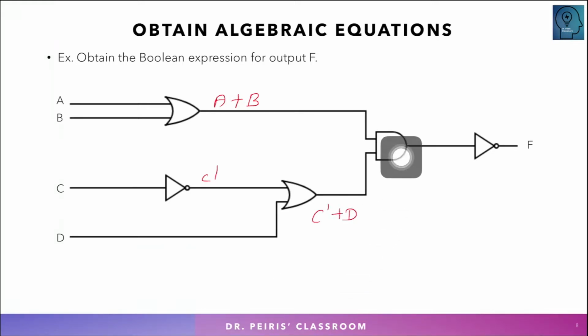Now next we have the AND gate. So what are the inputs of the AND gate? A or B and C prime or D. So you have to be very careful when you write the output for this gate, because we need to do the AND operation between A or B and C prime or D. So you definitely need the parentheses, otherwise it is going to be wrong, because you will miss the AND operation between these two terms, since the entire inputs going to this gate are A or B as well as C prime or D. So you need to put the parentheses, which basically denote that there is an AND operator here.